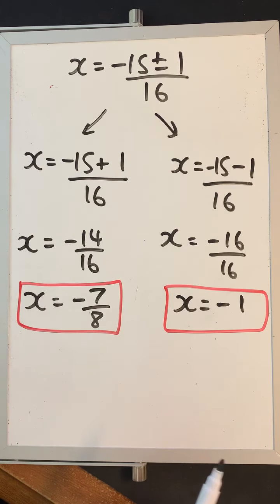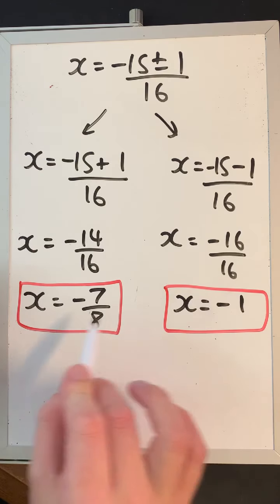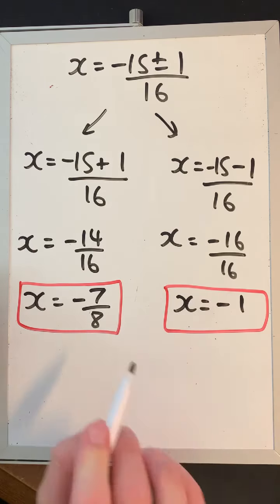Now, what I usually say is that if we get nice-ish numbers here for the roots, it usually means that this would have factorized. I know that this isn't a nice number, but we've got a nice whole number here. So looking at this, I would think, did that actually factorize? And it did factorize.